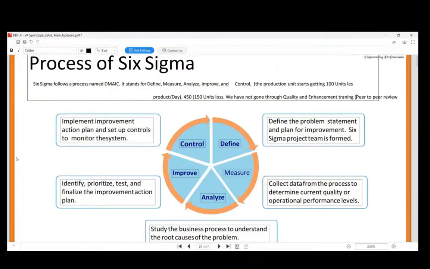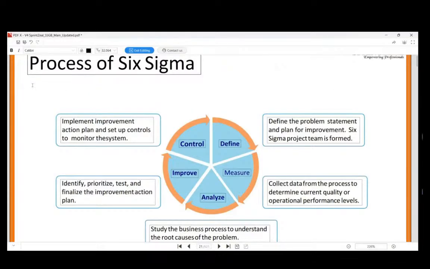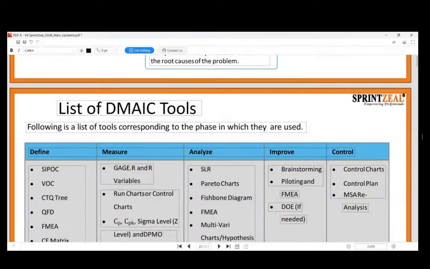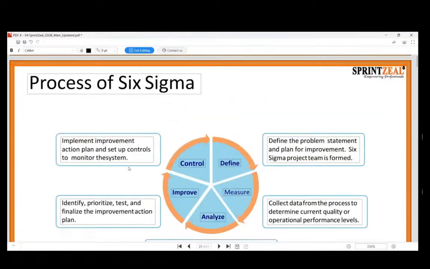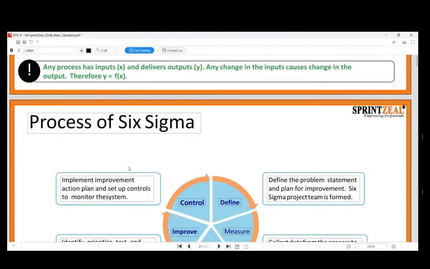Let's say there is a peer-to-peer review is what I mean. A senior person needs to see that these 10 people are working, they are following the SOP, standard operating procedures, they are maintaining the quality, and then they speed up.